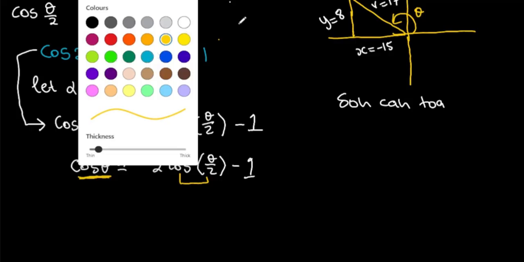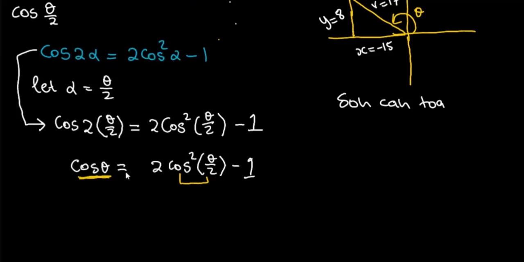Let us quickly do that. Let's substitute. So this will be minus 15 over 17 equals 2 cos squared inside the bracket theta over 2, minus 1.